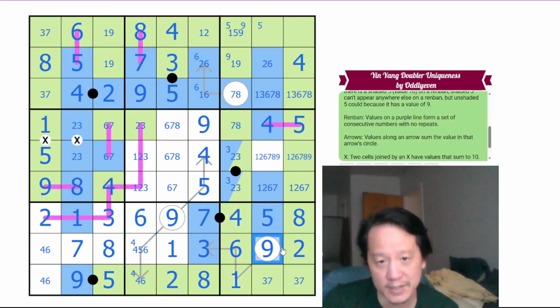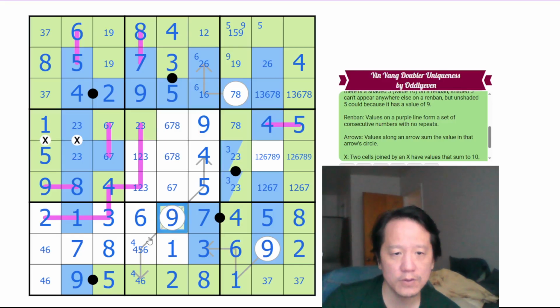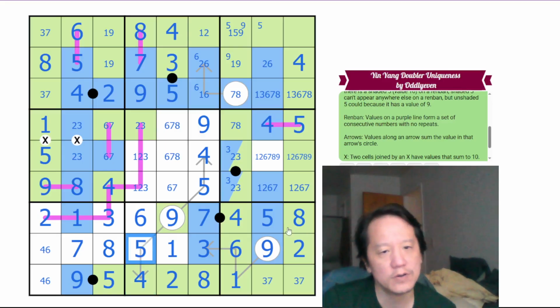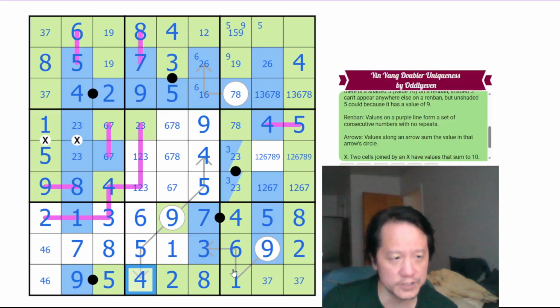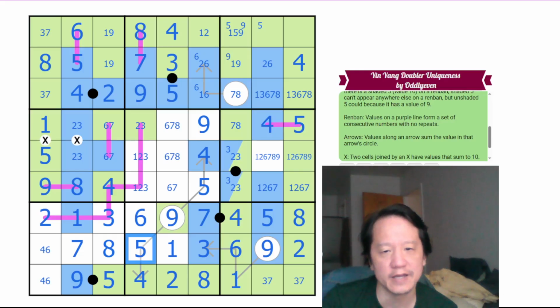This cannot be 9 doubled. So this must be 9 unshaded. So that's 17. So this can't be 6, it's 4. That makes this 5 there. So this is 4 unshaded, which means 4 shaded has to be there. 17 is 7 plus 10, so this must be blue.